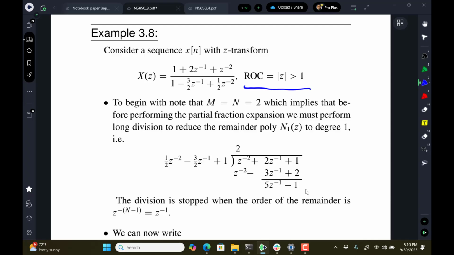What does this also tell you, just as a side note? If you're given the ROC as magnitude greater than 1, we know it's going to be causal, right? Because you can go all the way out to infinity with it. It starts at 1. What does this tell you about the roots or the poles in x of z? Just without knowing the absolute numbers, but we know what?